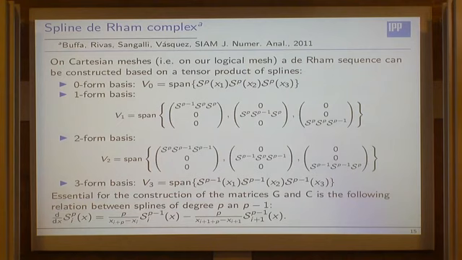And so the idea of the de Rham complex based on splines is that you start with some order. We're in 3-dimensional space, so we do a tensor product of 1-dimensional splines in each direction. For simplicity here, I assume they all have the same order from the start, but they don't have to. So we could start with different order in different directions. And then going from the 0 form to the 1 form, you take the gradient. So now we get a vector valued function.